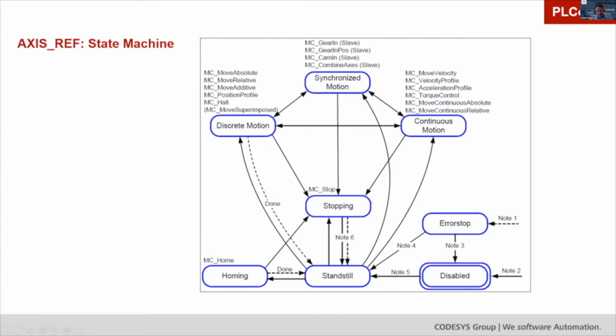So every state can be transferred into an error stop state, because when an error occurs, the axis automatically goes to error stop, and after the error is reset, it can be transferred to standstill or to disabled, depending on the situation. So this is the state machine of PLC Open, and all the axes follow this state machine.